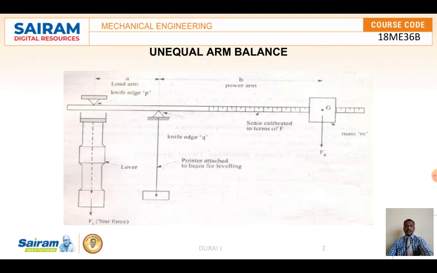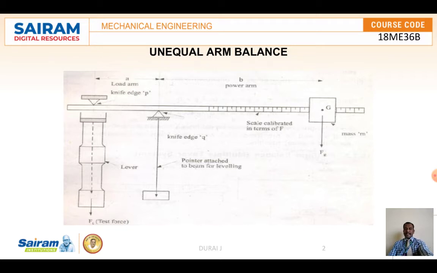Suppose in the analytical balance method you want to measure a weight. It requires certain particular weights, and we cannot measure heavier weights with the help of this analytical balance method. It also requires more weights.